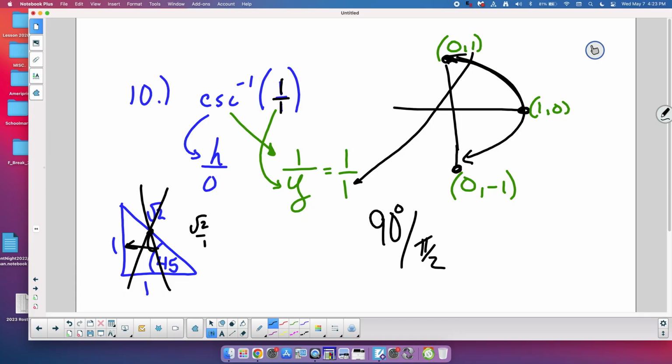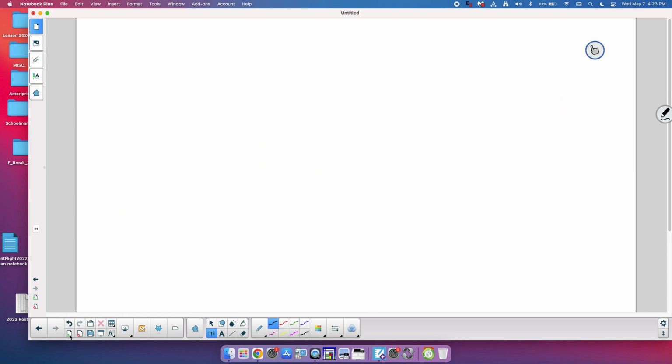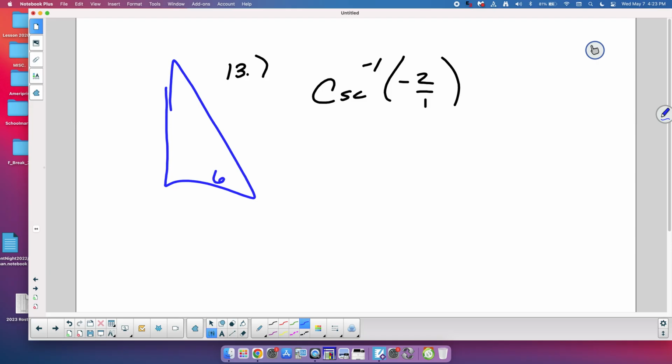Going down a little further. Oh boy, let's see here. Should we try, I don't know, 13? Number 13, inverse cosecant of negative 2 over 1. Well, a 2 and a 1, go with the 30, 60, 90, right? Try it. There's a 2, there's a root 3, there's a 1.